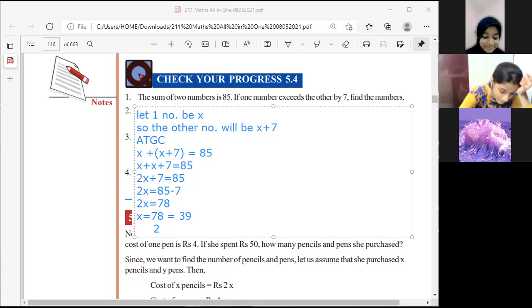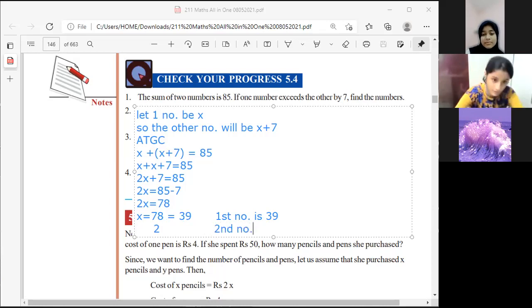Am I right? If my x is 39, that means the first number is 39, because the first number was x and x is 39. What is going to be my second number? The second number is equal to x plus 7.